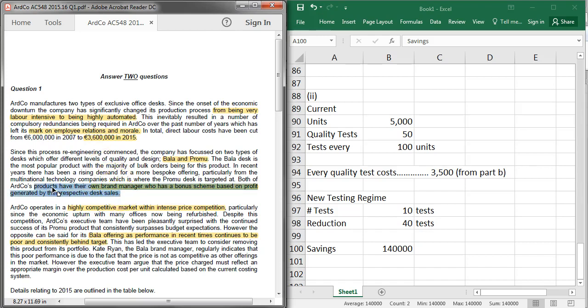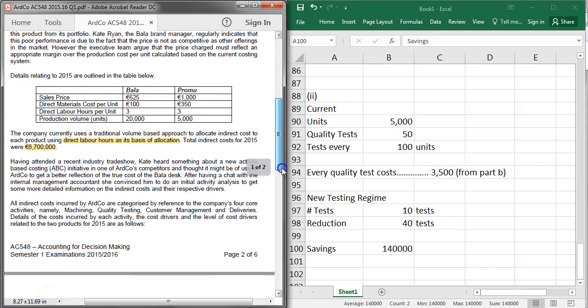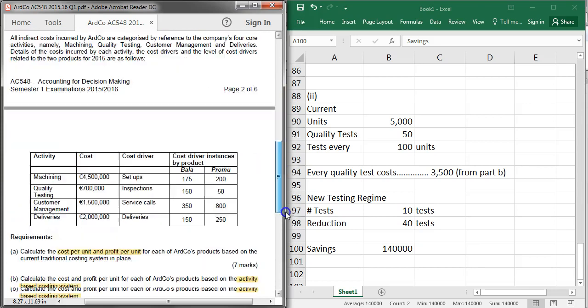So linking back to the other area of AC548, to explain to the brand managers and understand, well, what impact will this have on profits, and will there be resistance to change if, for example, the Promu brand manager is going to lose out on their profits. And then more practical things around change management and an appropriate IT system to be able to track all this information on a more regular basis. So they're just some of the practical things.